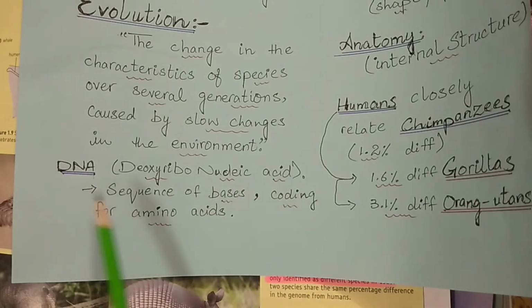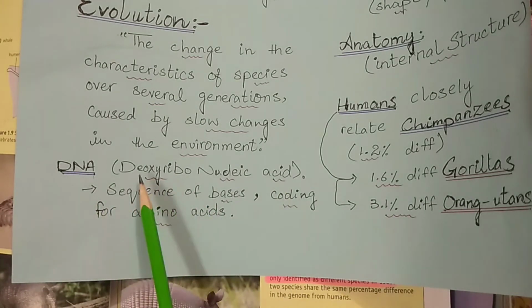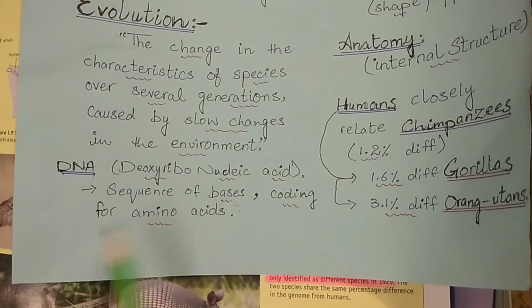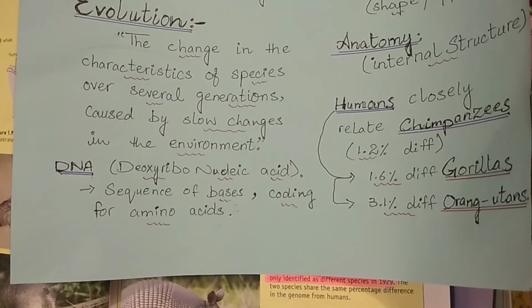deoxyribonucleic acid. It stands for deoxyribonucleic acid, and what is its function? It transfers hereditary material to another organism. So what is the role? A sequence of bases, coding for amino acids. This is the basic function it performs: many kinds of genes and bases have to arrange in their respective pairs.